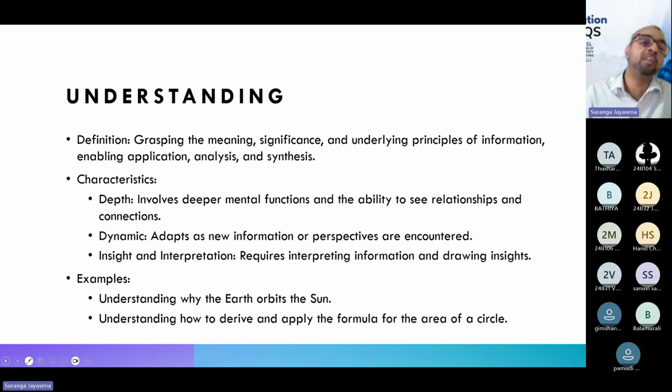So the understanding of why it is happening is deeper. Then understanding, as you did, how to derive and apply the formula for the area of a circle. Now we did it for the circumference. Okay, then for the area, that is understanding.